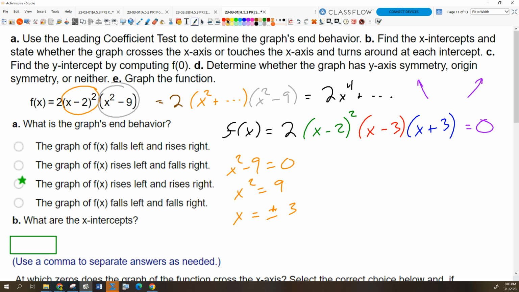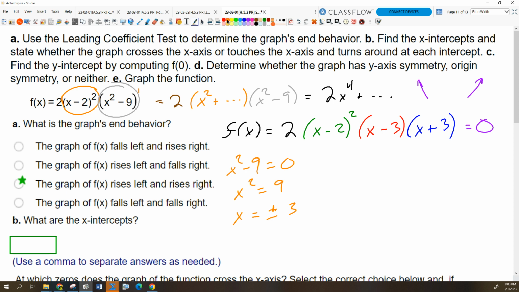Agreed? How could I know that the multiplicity of each of those was 1? Okay, good, because when I factor this out, the exponent up there was 1, wasn't it? Right? And I split into 2 separate zeros from that, and so each of them only gets a multiplicity of 1. We could kind of reason through that, couldn't we? That makes sense? Okay.